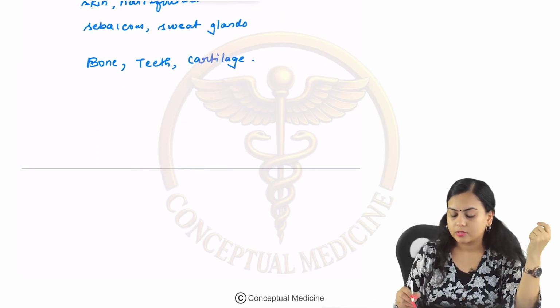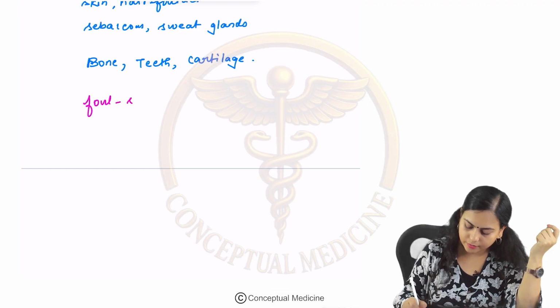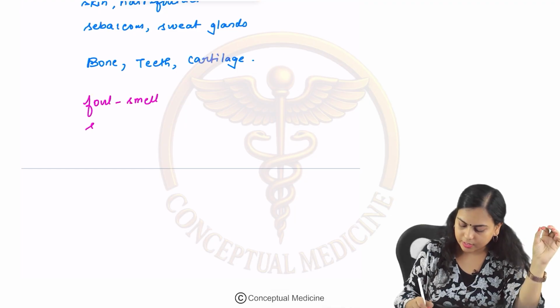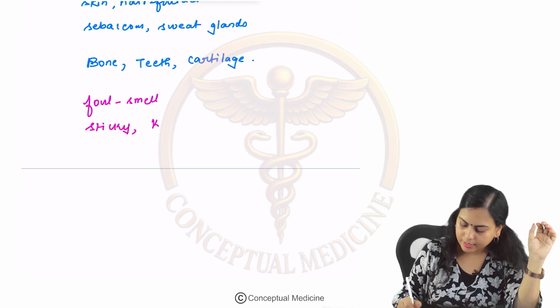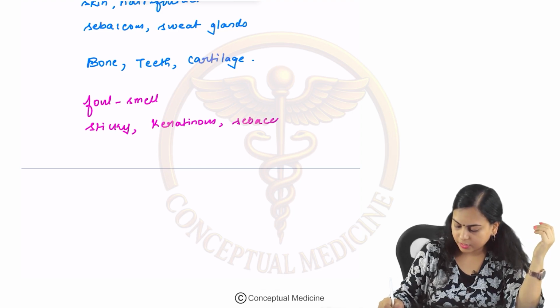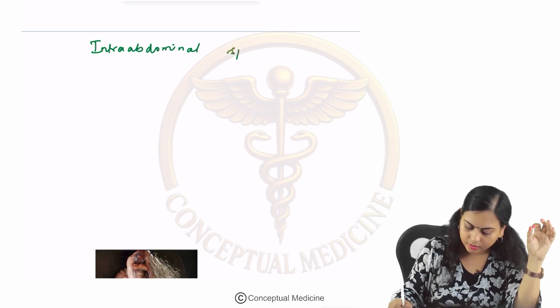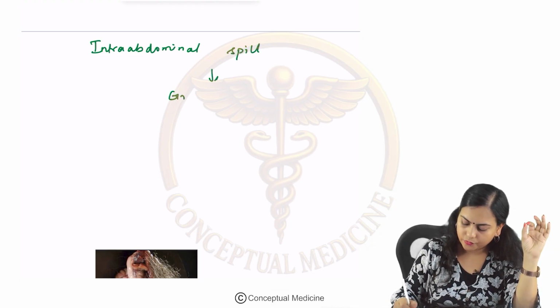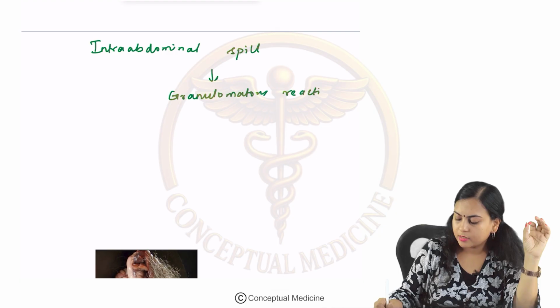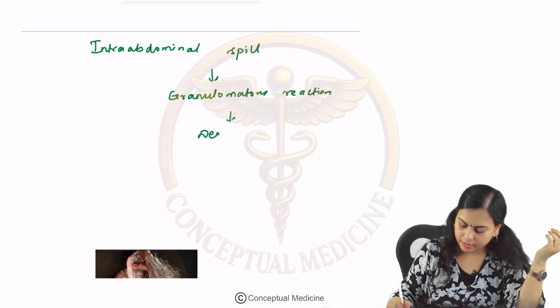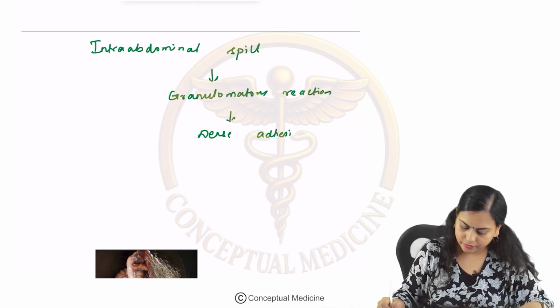When you cut open a dermoid cyst, it will have a foul smell and you will be able to see sticky, keratinous, sebaceous debris. If there is an intra-abdominal spill of this content, then it can lead to a granulomatous reaction and formation of dense adhesions.